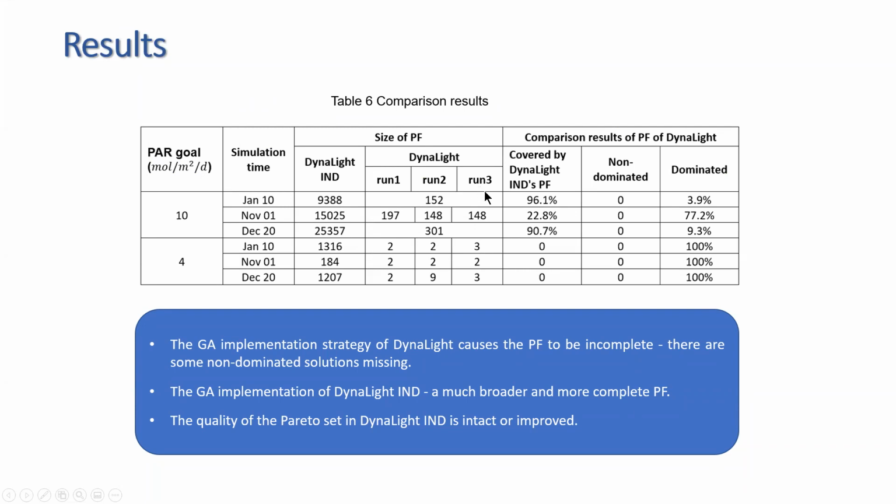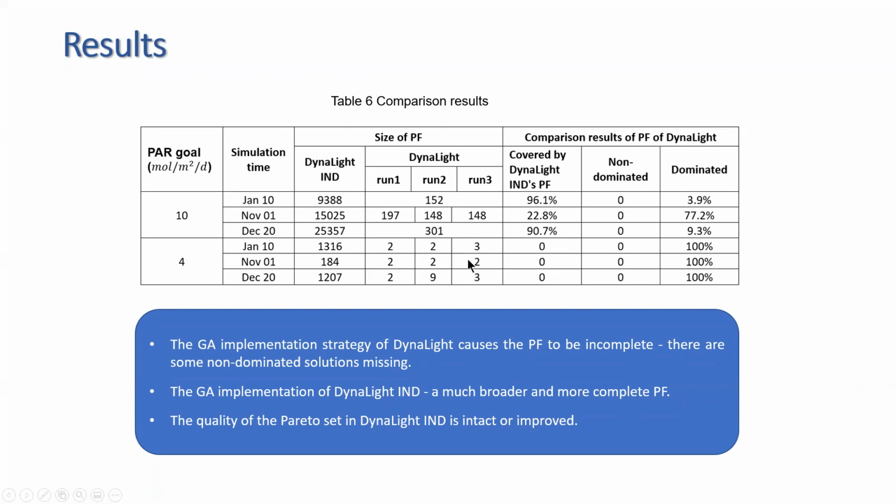So I listed all of them here. But in this situation on November 1st, when the PAR goal is 4, the sizes of the Pareto Frontier across the 3 rounds are the same. But the issue is that the solutions in these Pareto frontiers are different. So they are also listed here.